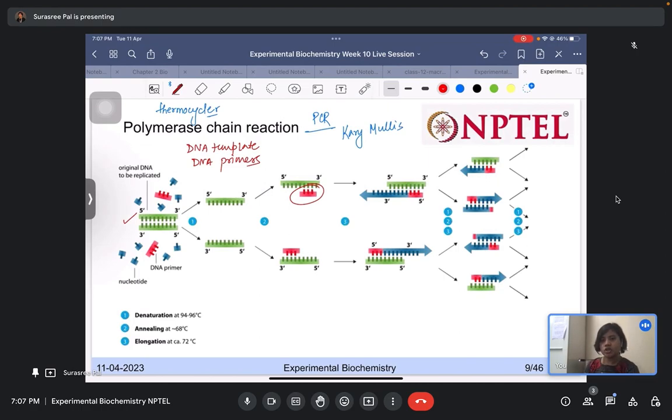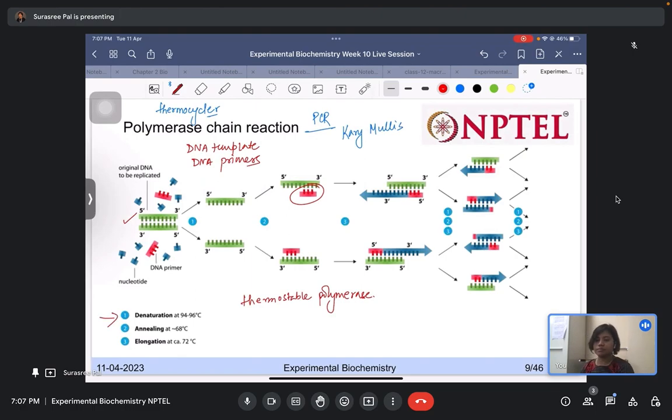Now, one essential part of this process where the DNA will be amplified is replication. For this replication, there has to be a polymerase. This polymerase is actually a thermostable polymerase. Why is such a polymerase required? We will discuss, because this reaction occurs at different temperatures.